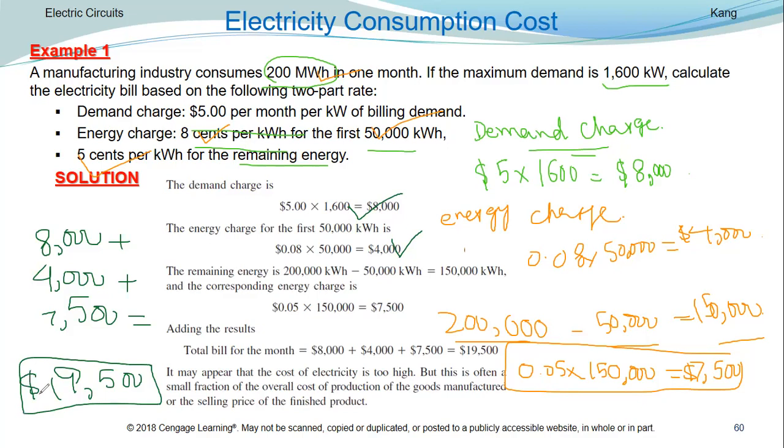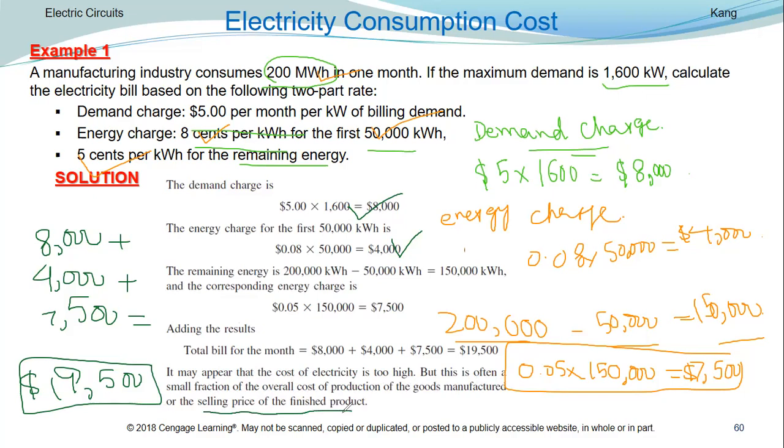I have to consider all three parameters. It may appear that the cost of electricity is too high, but this is often a small fraction of the overall cost of production, and of the selling price of the finished product.